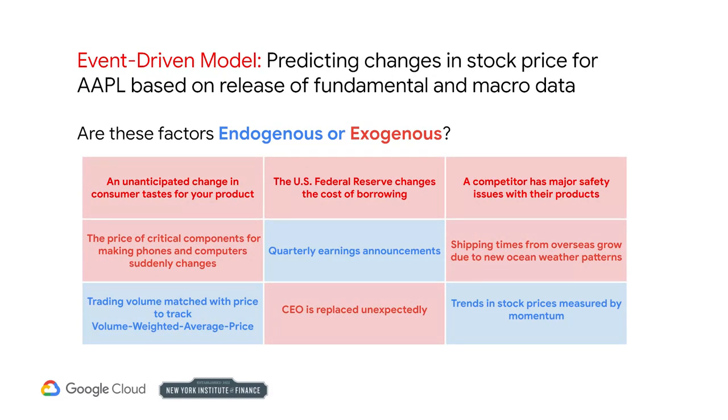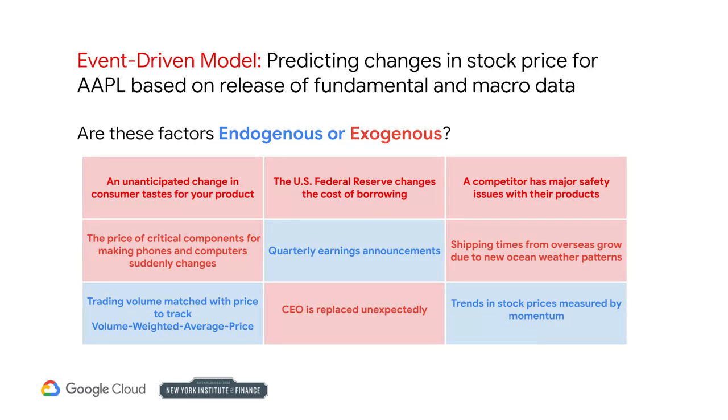Event-driven models take the current market price as a given and try to anticipate the market's short-term reaction to the release of fundamental data on the company itself, its suppliers and customers, and also the release of macroeconomic data that can affect the company's share price and performance.